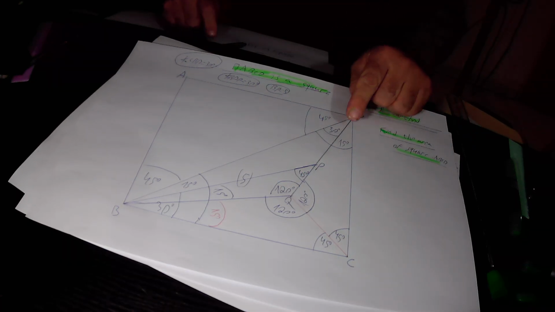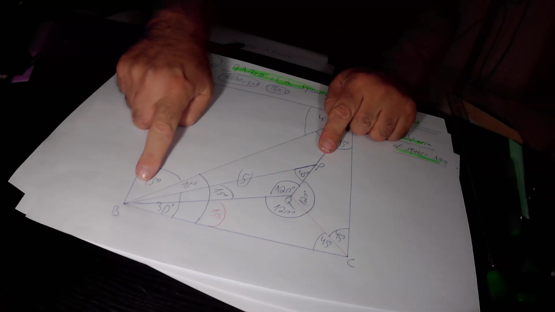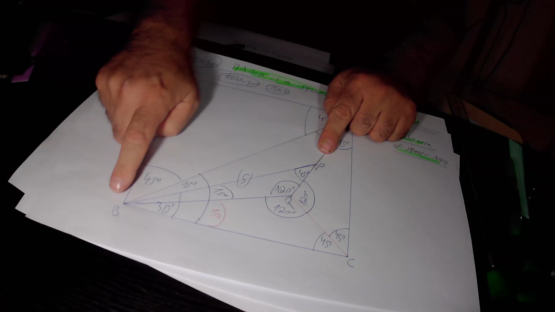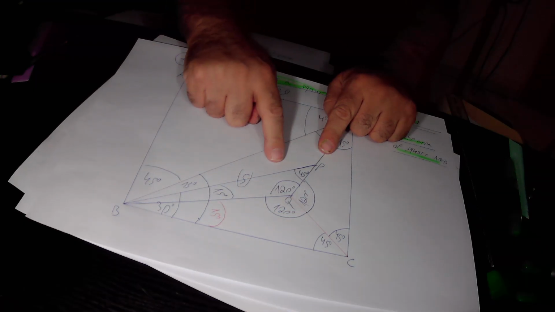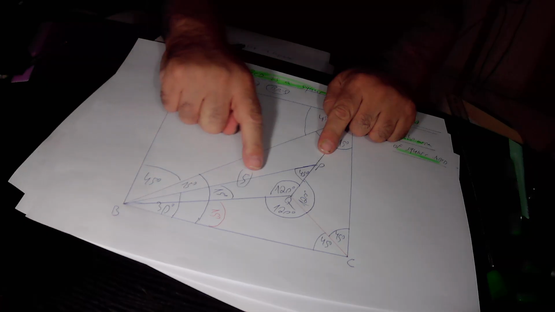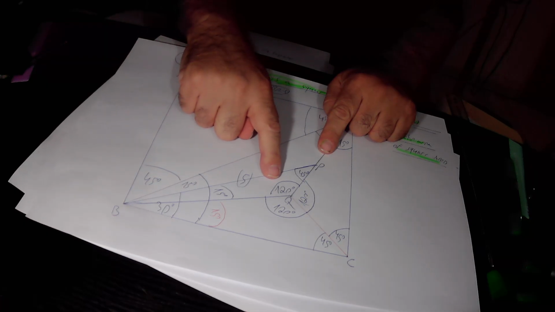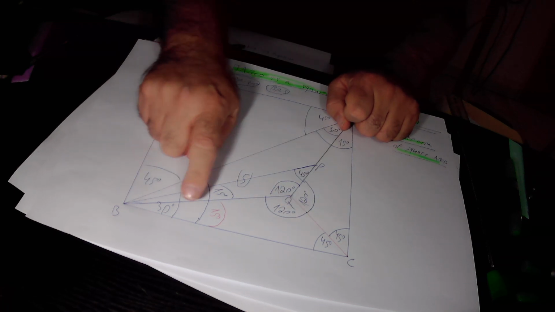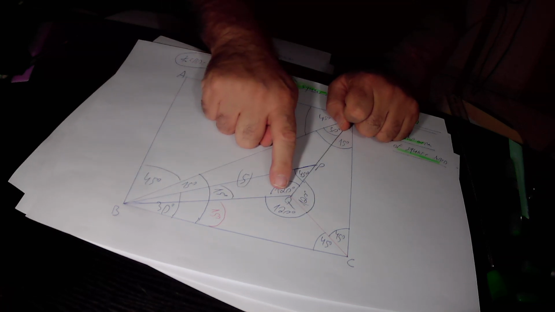First of all, side PB is the corresponding side of side BC. Why? Because side PB in triangle BQP is located in front of this angle that is 120 degrees, and likewise side BC in triangle BQC is also located in front of this angle that is also 120 degrees.